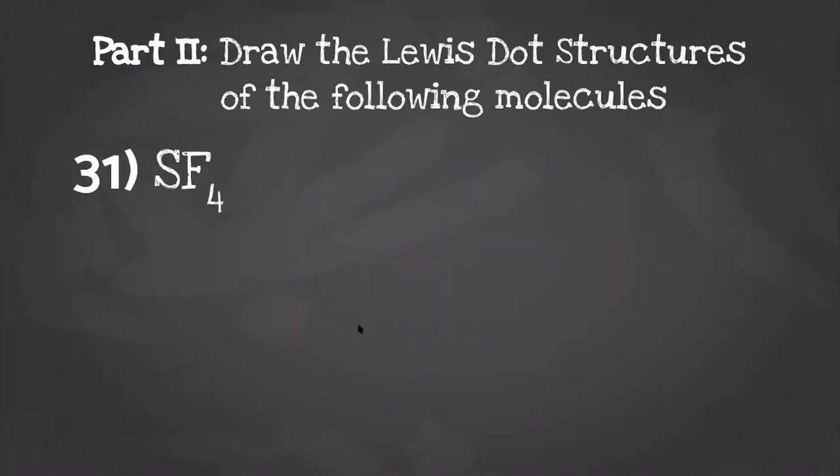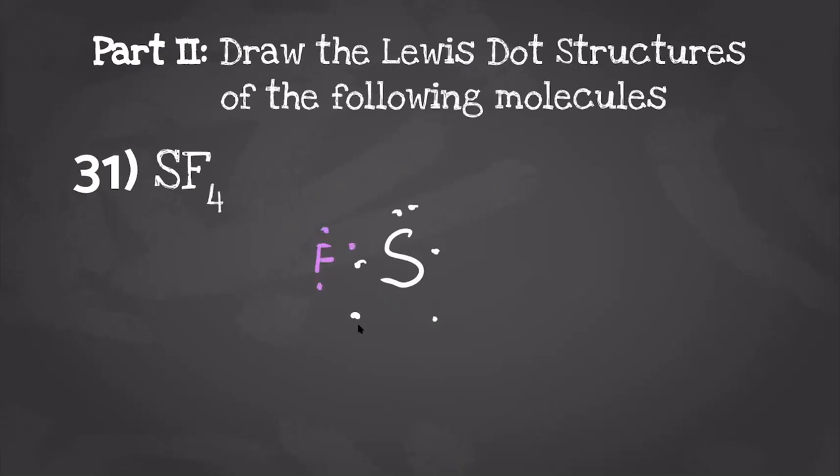Here we have sulfur tetrafluoride, and here sulfur, we know that it has 6 valence electrons, so it can make a total of 6 bonds. And to make it a little clearer to see where each fluorine is going to be bonded, I'm just going to separate this pair just a little bit further away and have my fluorines bond at those points.